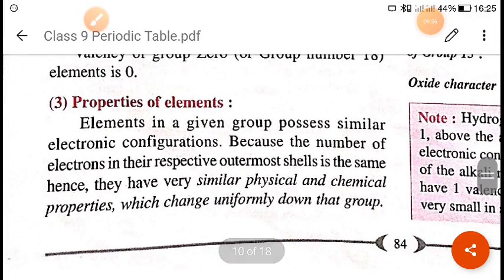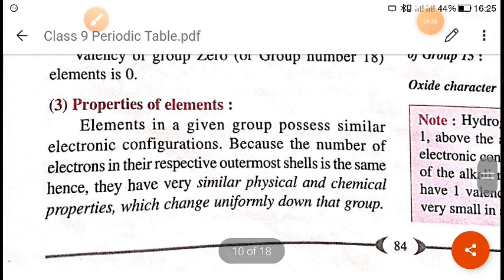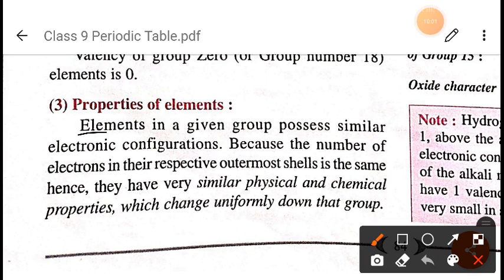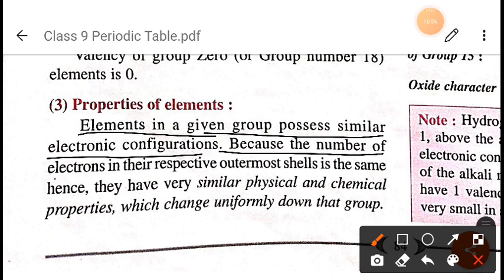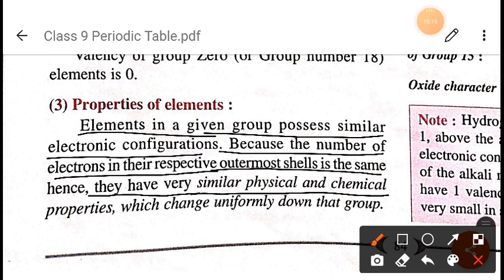So when we talk about the properties of elements, elements in a given group possess a similar electronic configuration, right? And because the number of electrons in their respective outermost shell is the same, what we can say is they have very similar physical and chemical properties which change uniformly down that group.